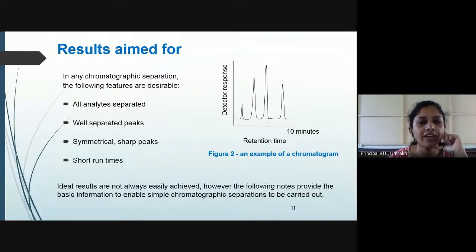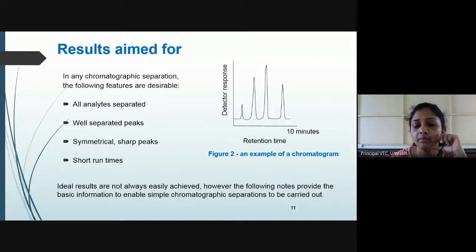When analyzing any component through chromatography, we need to aim at four things: all the analytes need to be separated, there should be well separated peaks, those peaks should be sharp enough as well as symmetrical, and the run times need to be as short as possible.